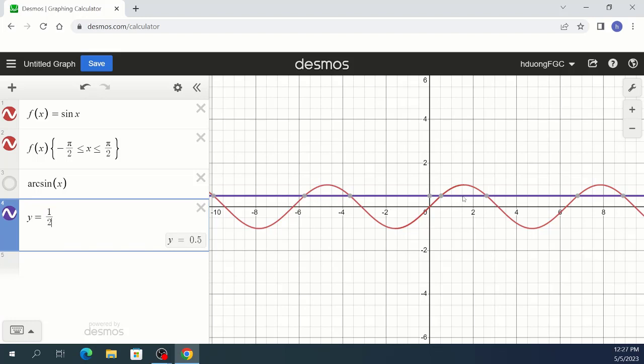There's a horizontal line that crosses this graph at so many points. So the sine function is not a one-to-one function. Technically speaking, according to what we've learned from pre-calculus 1, the sine function does not even have an inverse. But now we do want to define a sine inverse.